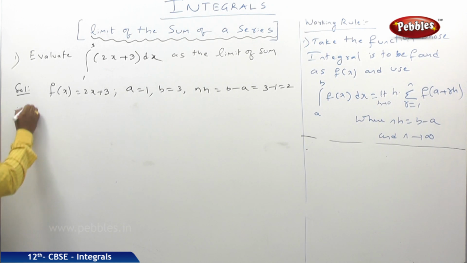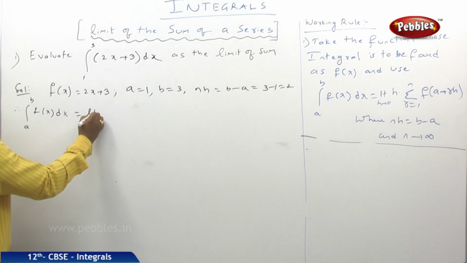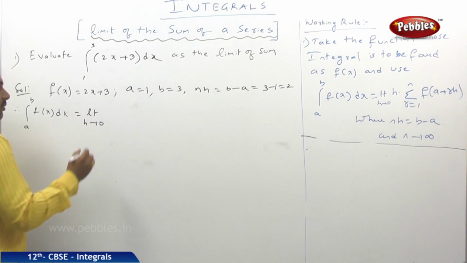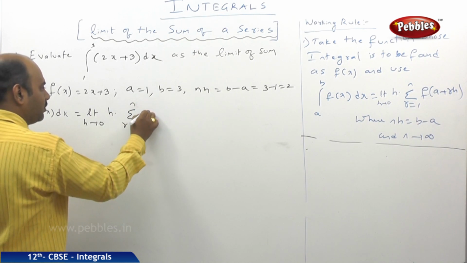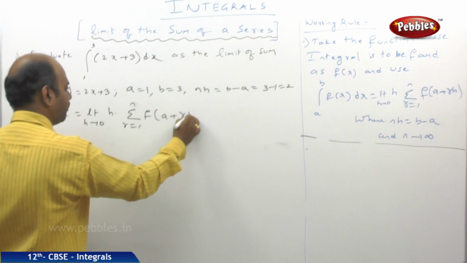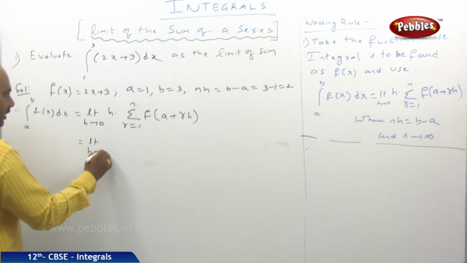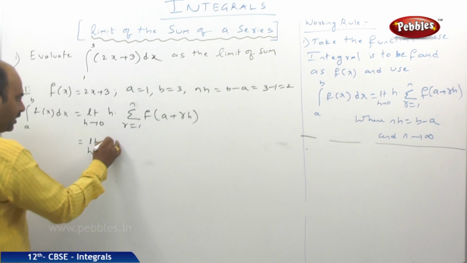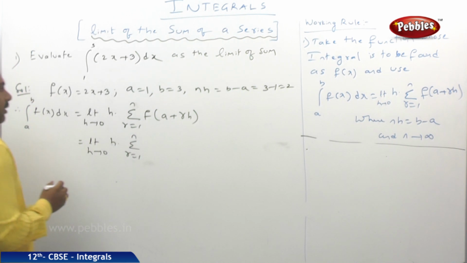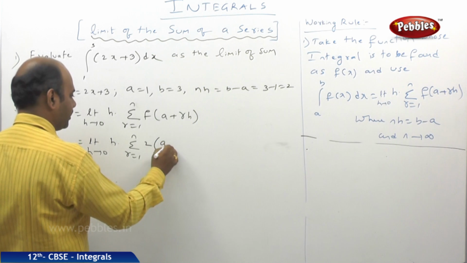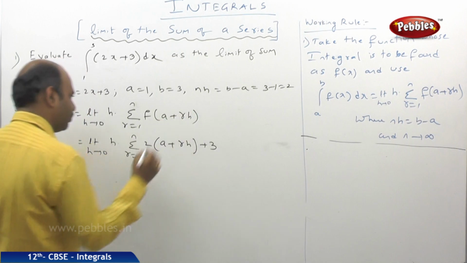Therefore, what is our formula? Integral a to b f of x dx is equal to limit h tends to 0, h into summation r equal to 1 to n f of a plus rh. So limit h tends to 0, h as it is, summation r equal to 1 to n f of a plus rh. f of a plus rh means 2 into (a plus rh) plus 3.